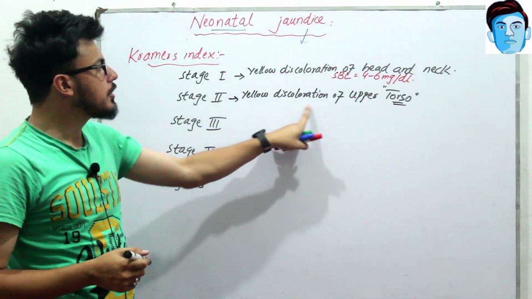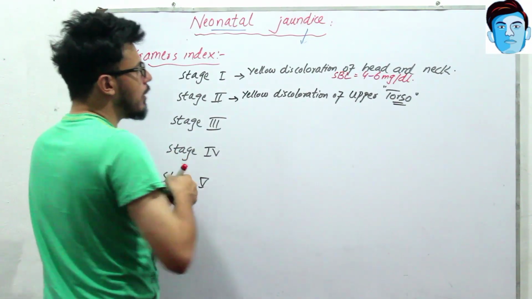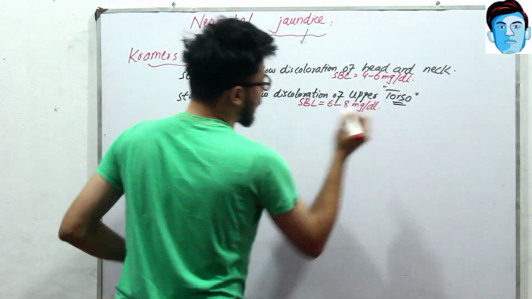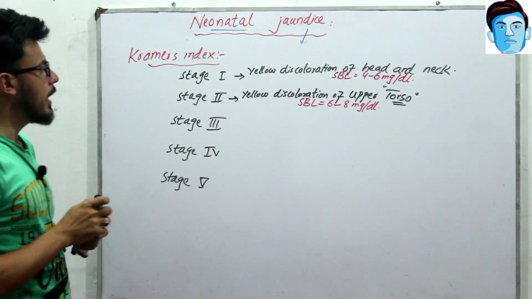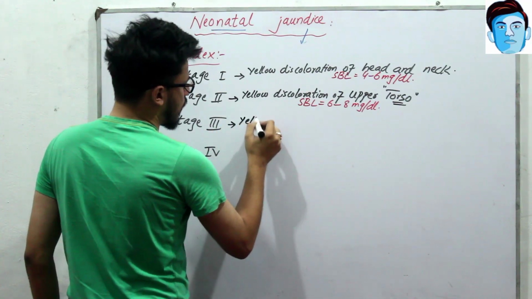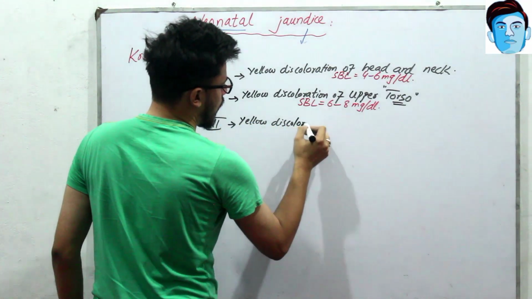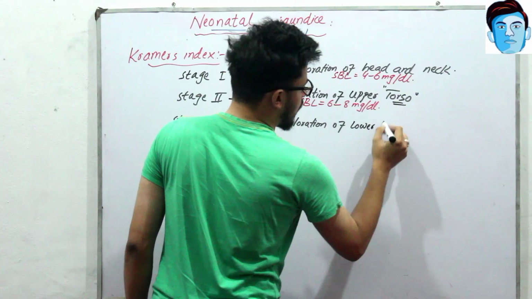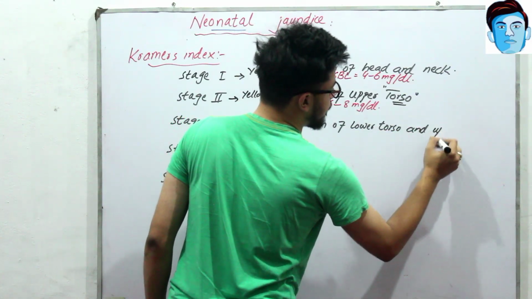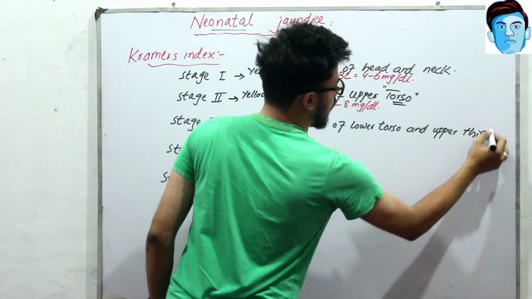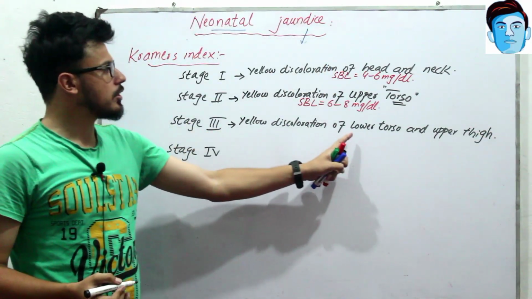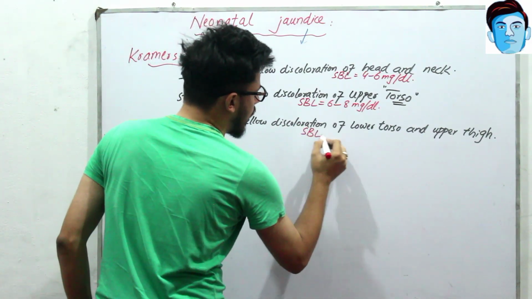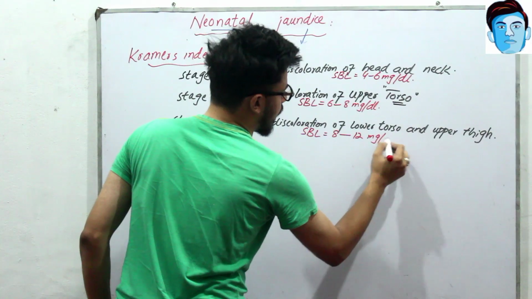The serum bilirubin level is 6 to 8 mg per dl. In stage 3, the yellow discoloration is localized to the lower torso and upper thigh, and the serum bilirubin level is 8 to 12 mg per dl.